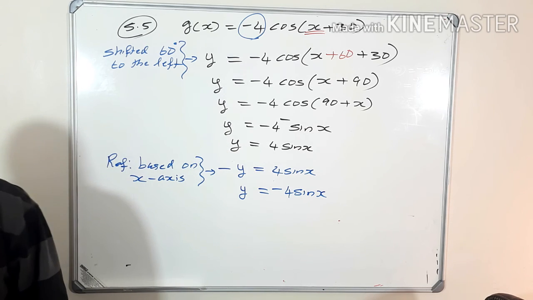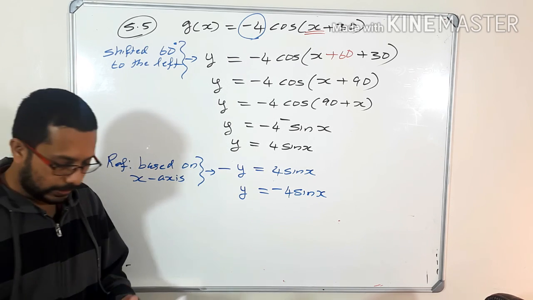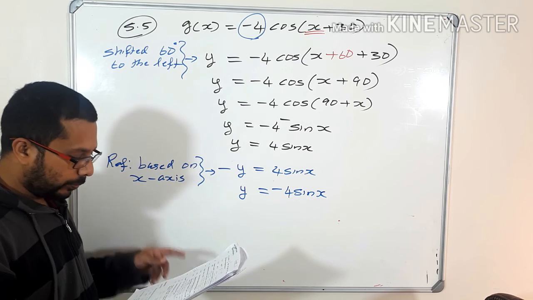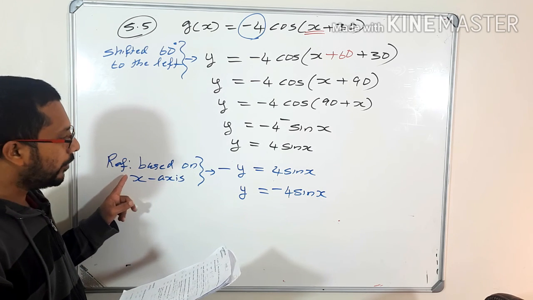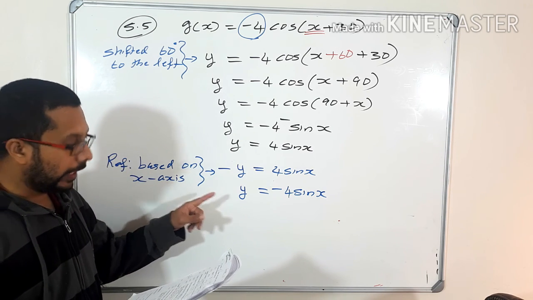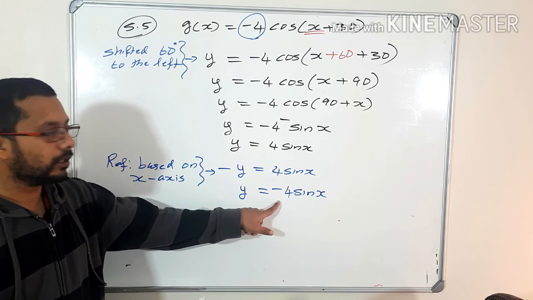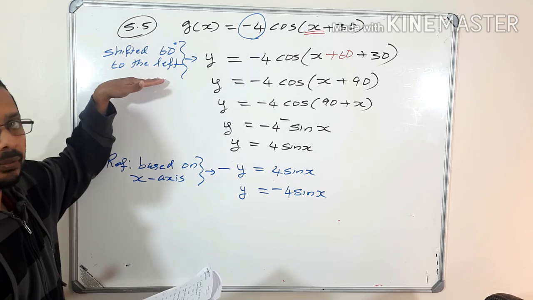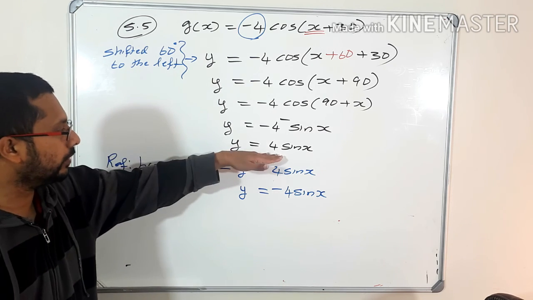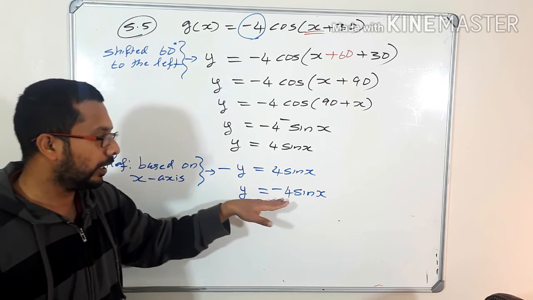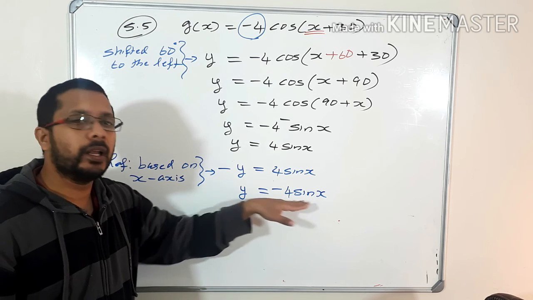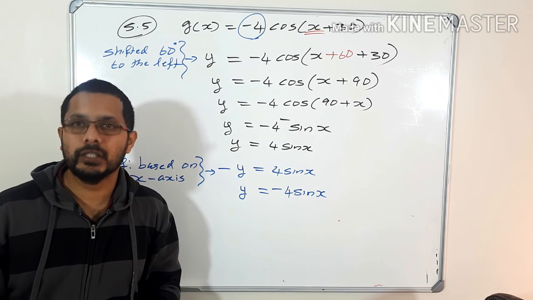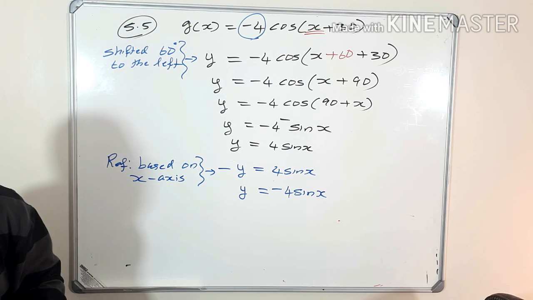Now look at that question once more. And then reflected about the x-axis to form a new graph h. So this is after two types of transformation, shifted 60 degrees to the left, that is this one, then reflection based on the x-axis, that is this one. So this is the final equation, and they call that equation h of x.